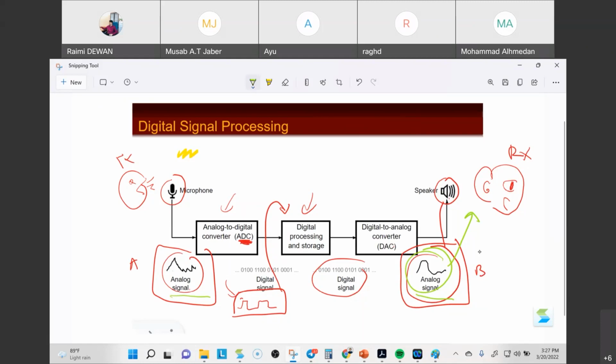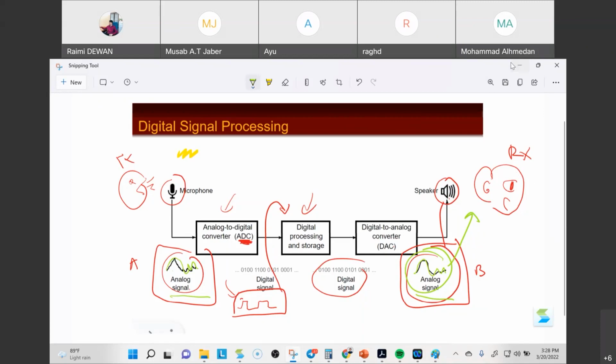But at least we can see the trend is there. The trend increases and then increases again and again. So this is a disadvantage of using digital: we cannot 100% retrieve our analog signal at the receiver part.